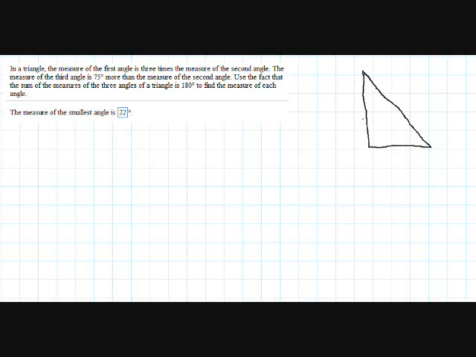But the sum of the angles of a triangle, and here's angle 1, and I am just naming them arbitrarily, angle 2, and angle 3.